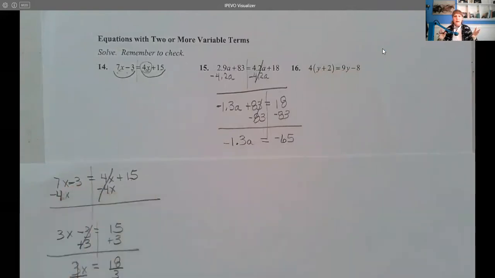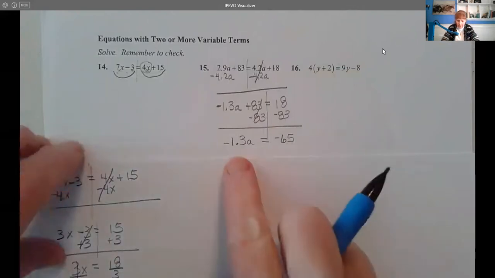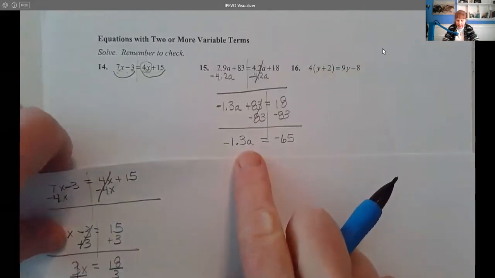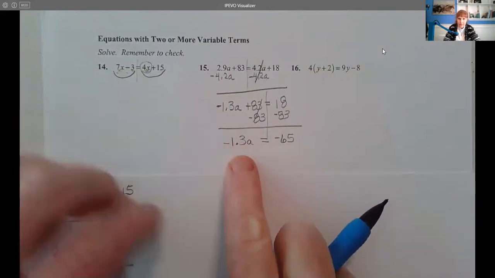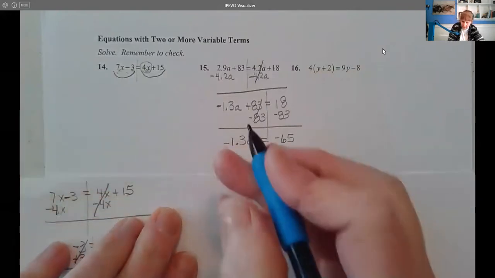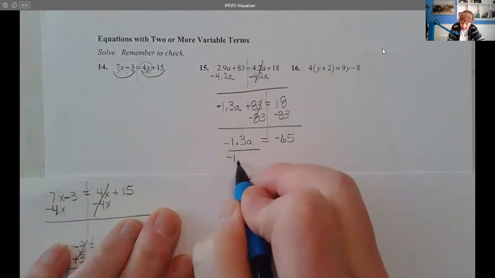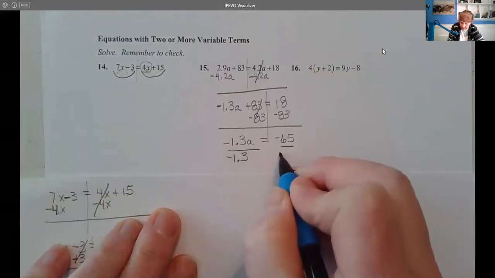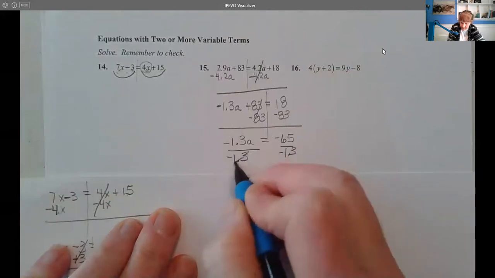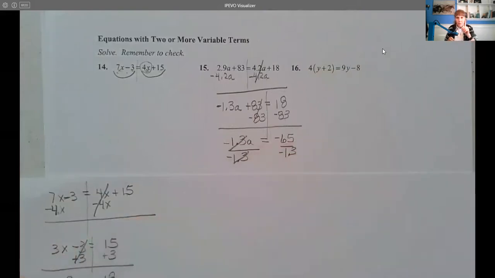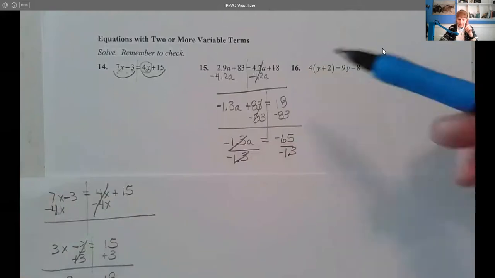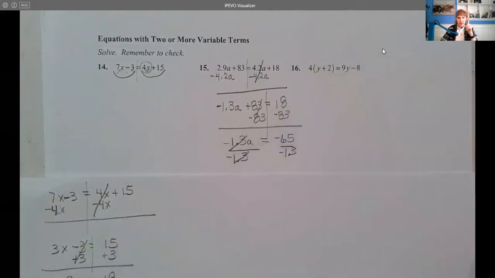Now I want the a by itself. So I don't want to move the entire term over. I want to separate these two. I want that negative 1.3 to be a positive 1. So I divide by a negative 1.3. That gives me a positive 1. And when they cancel, you end up with a 1. It's positive because a negative over a negative is a positive.